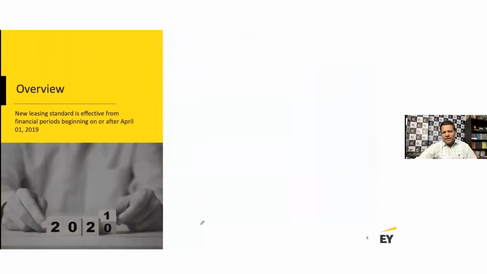So it is effective from April 1, 2019. And that's where, as I said, the curriculum is also now being updated. It's going to start coming in the curriculum, I think, from November 2020 and beyond. So you will see a lot of focus and attention on this.